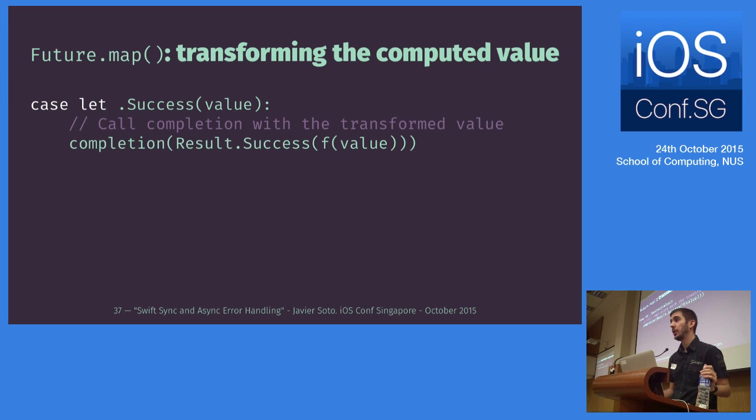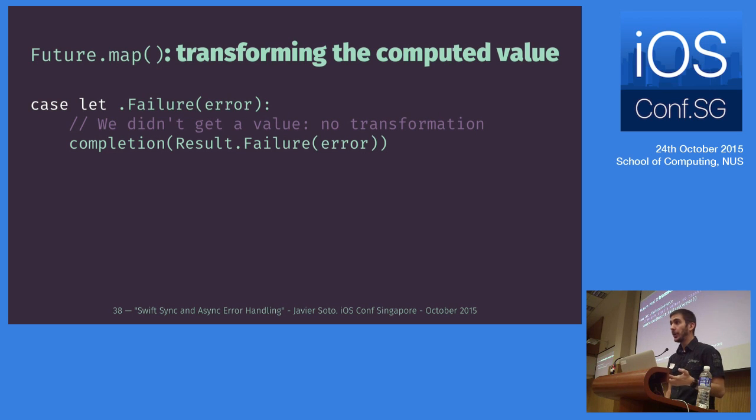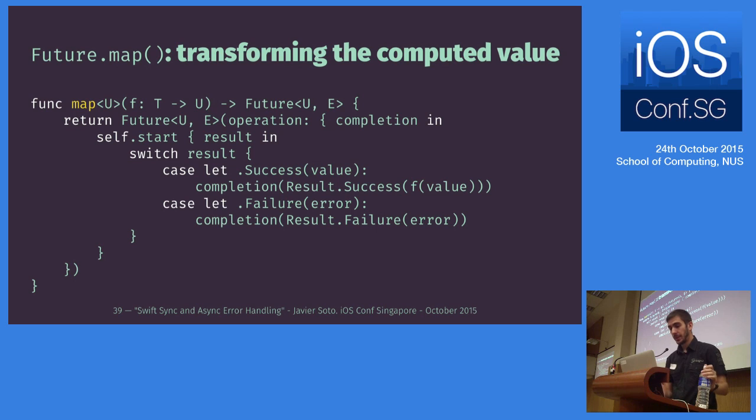But instead of passing the value, we use the f function that we were given in map to transform it. If there is a failure, we can't call f because we don't have a value. So we just pass the error through. And this is where the error handling is happening. It's happening inside of the implementation of the map function. And this is how it looks all together.